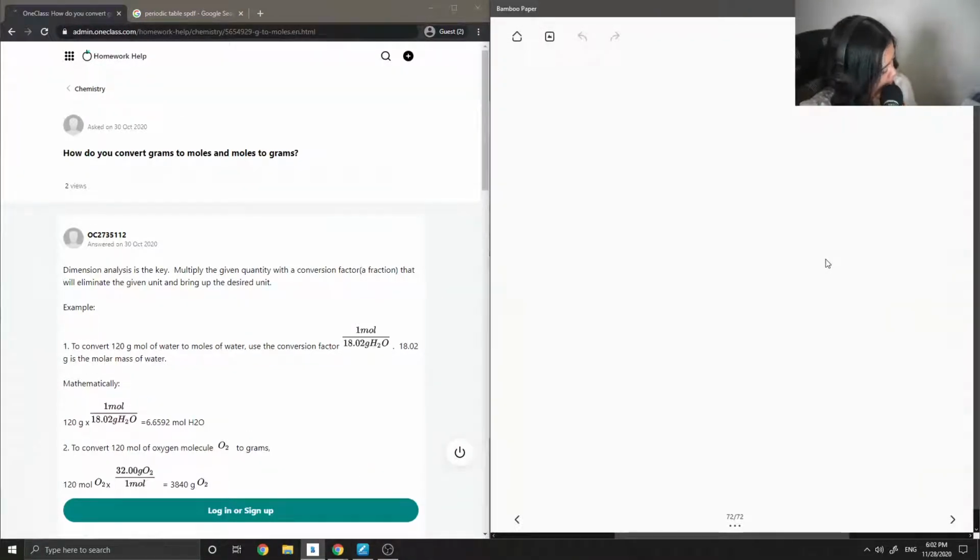Okay, so I think we are on question 7. How do you convert grams to moles and moles to gram? So the main equation for this type of question is number of moles is equal to mass over molar mass.